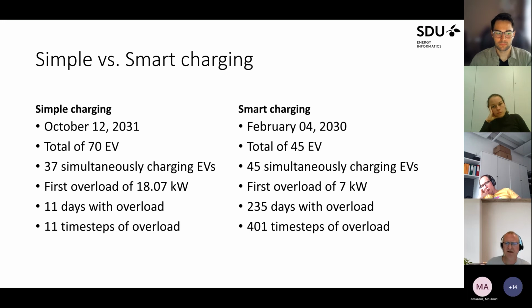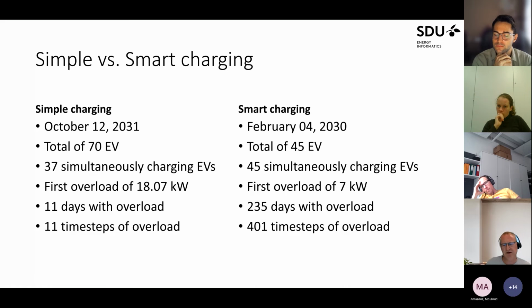With smart charging, where we all use electricity when our price signal tells us to, we will only have about 45 EVs charging at the same time, and we will already have the overload in 2030. And we will have overload in the distribution grid for almost two thirds of the year, where with simple charging we will only have 11 days with overload.